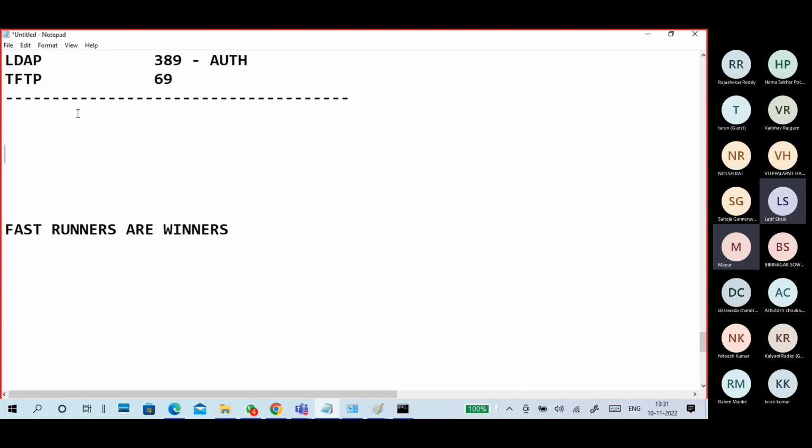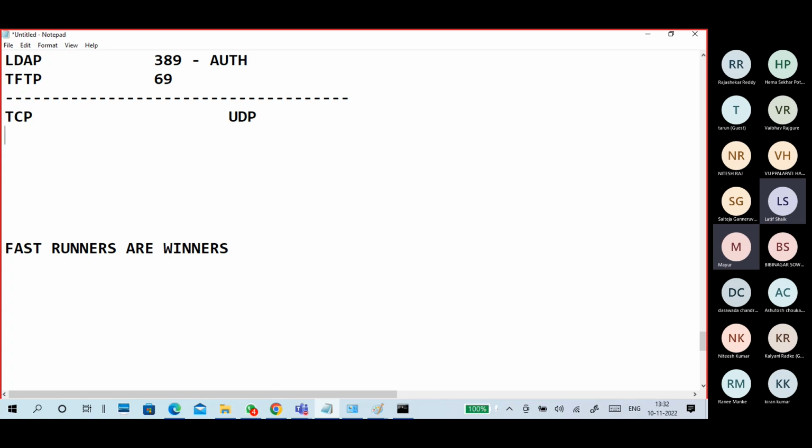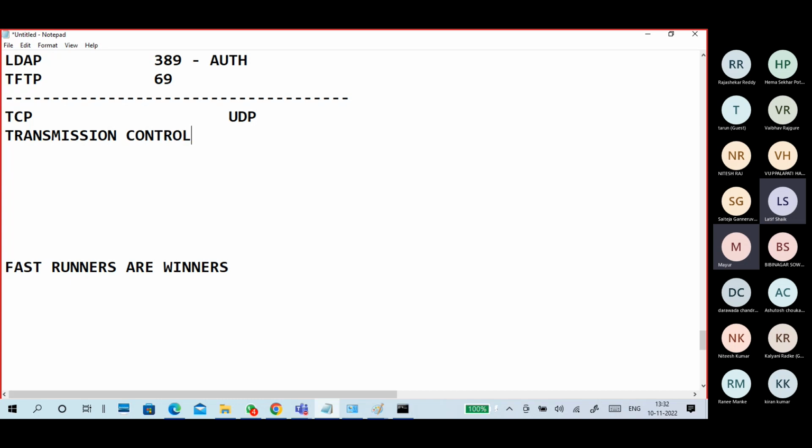Guys, all these protocols are divided into TCP and UDP. Some are TCP type protocols, some are UDP protocols. TCP is Transmission Control Protocol. Someone got this question last time: what is UDP?